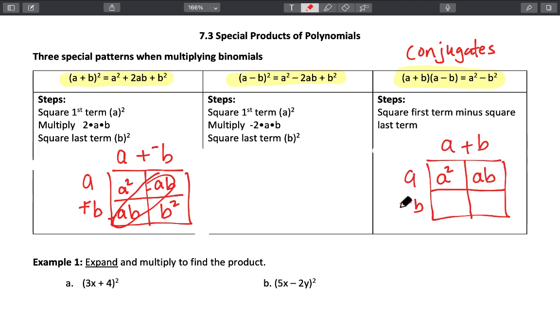But then a times a negative b, which results in negative ab. And finally, negative b times positive b, which is negative b squared. When we combine like terms, these two are opposites, or additive inverses, so they reduce to 0, and you're just left with a squared minus b squared.